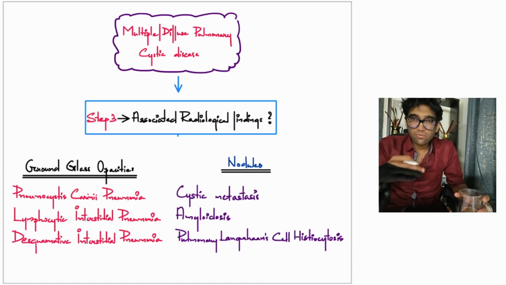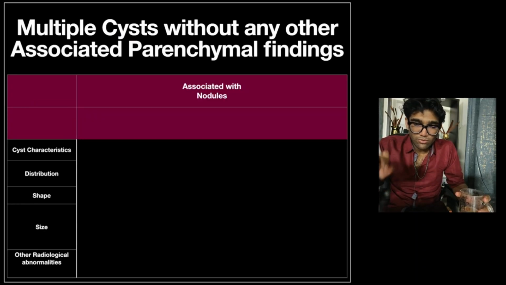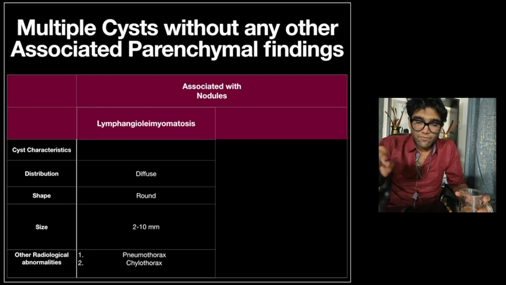So I'm going to skip over this and go directly to conditions in which you only have cysts and no other pulmonary parenchymal finding. So there are two such diseases. One is lymphangioleiomyomatosis, in which you have multiple cysts 2 to 10 millimeters, or 0.2 to 1 centimeter, in size, which are usually round and diffusely affect the lung. Okay, and because these cysts are present in a subpleural location, you can get a pneumothorax.